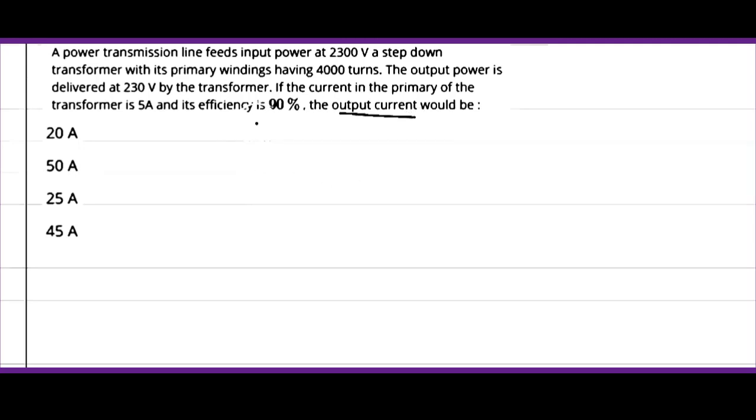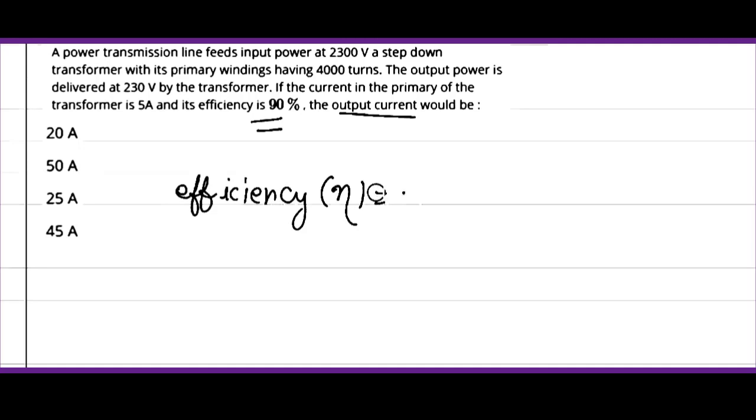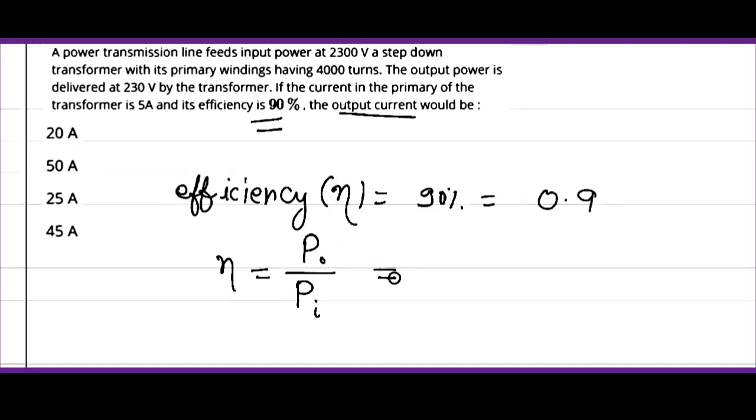Okay, so in the question the efficiency is given, so we can write efficiency, that is eta, equal to 90%, that is 0.9. We know that eta is equal to the power output by the power input, and for power the formula is voltage into current.